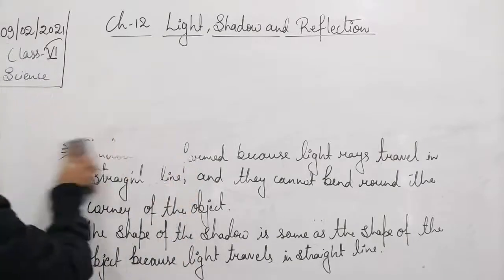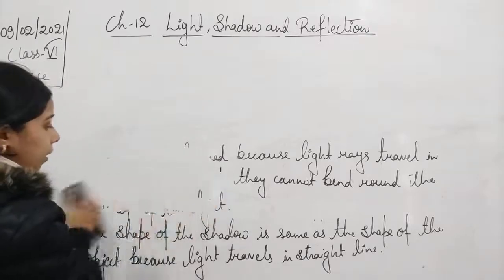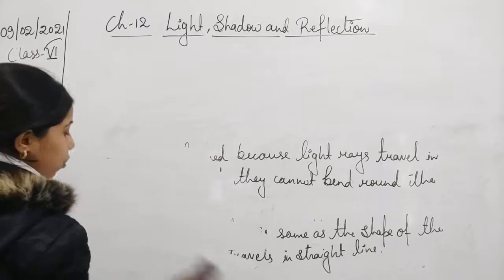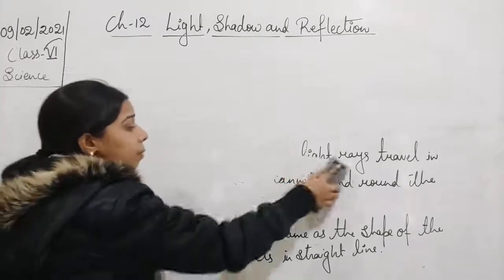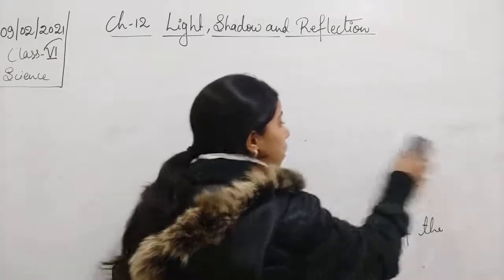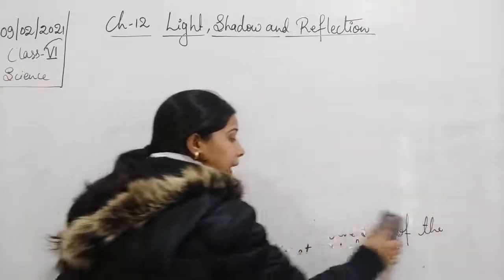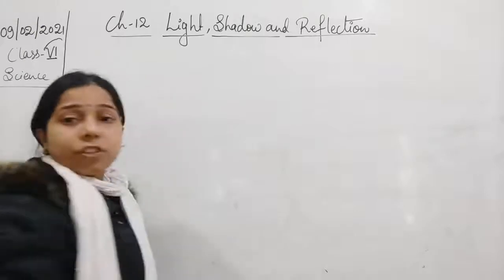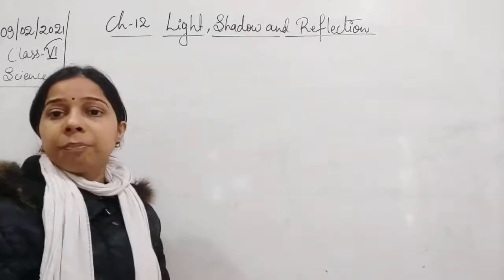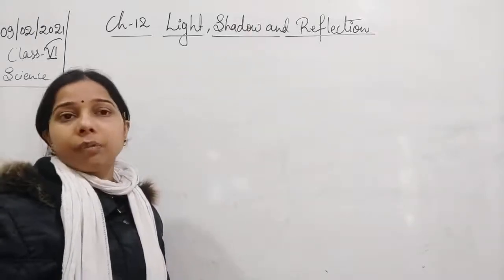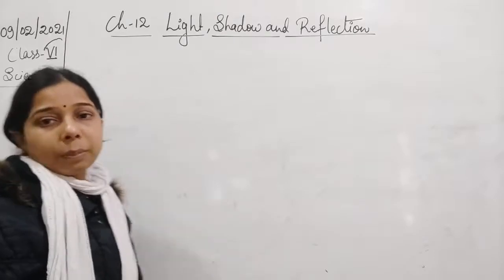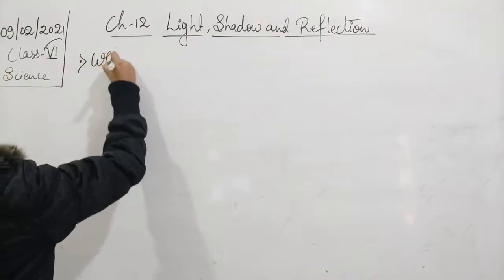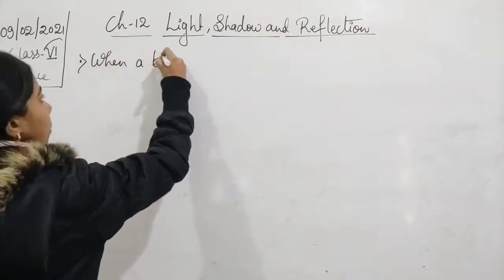Okay, so let us write about that. We already discussed, students, that all these things are very important, whether it is the source or the ground, which is the screen for the formation of a shadow. If any one of these is disturbed, then the shadow will not be formed.